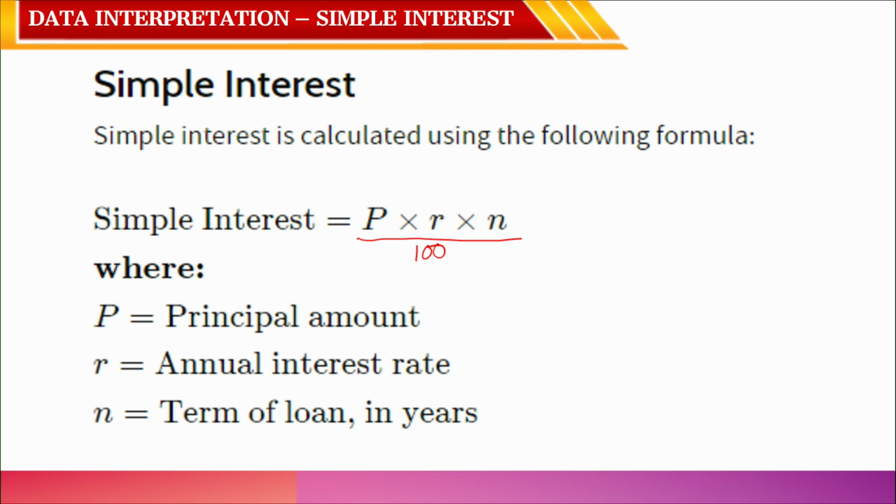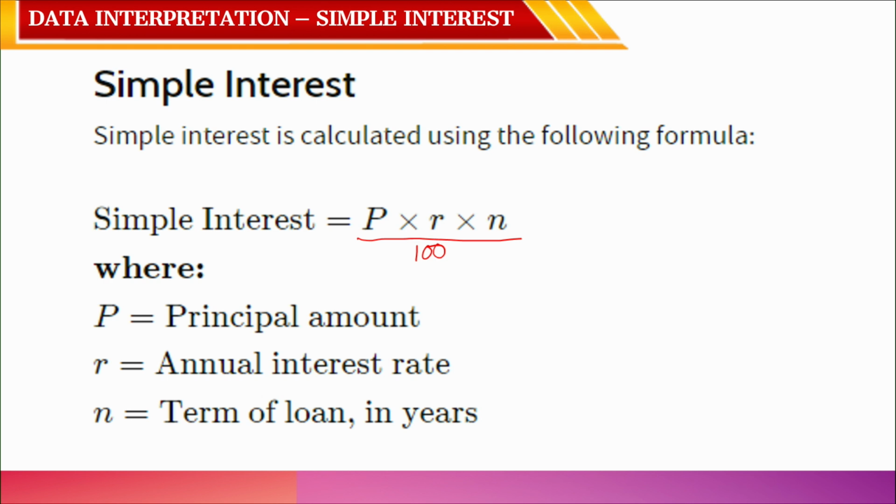Here P stands for the principal amount, how much amount you lent, and R stands for the annual rate of interest, and n stands for the number of terms. Sometimes you may take the terms as half yearly, quarterly or years, so that is the reason we use the word term of loan. Generally in practice this is in years.